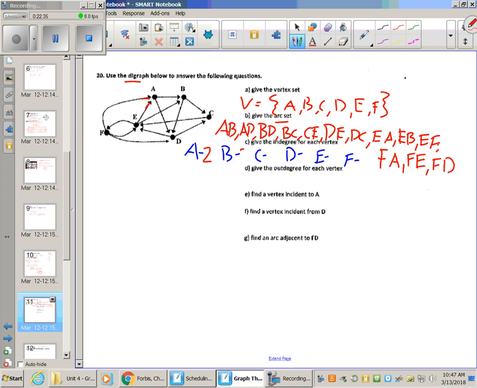With B, we have 2. With C, we have 2. With D, we have 3. With E, we have 3. And with F, we have 1. So it's just the arrows that are pointing into the vertices. Now let me do out degree.